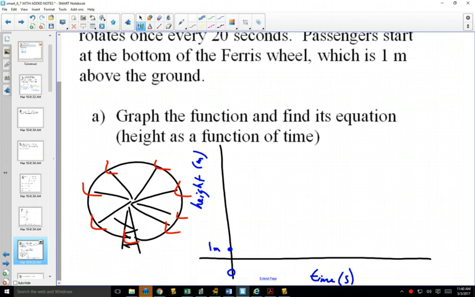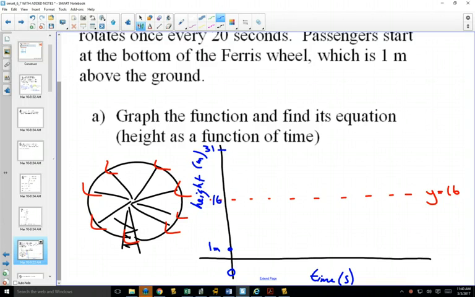Where's the middle going to be on this one? And how do we know that it's going to be at 16? Because the radius is 15, so if we go 1 up 15, then we'll get to the middle. Can you also write your maximum? Up another 15, we'll go up to 31 is the maximum that we're going to.